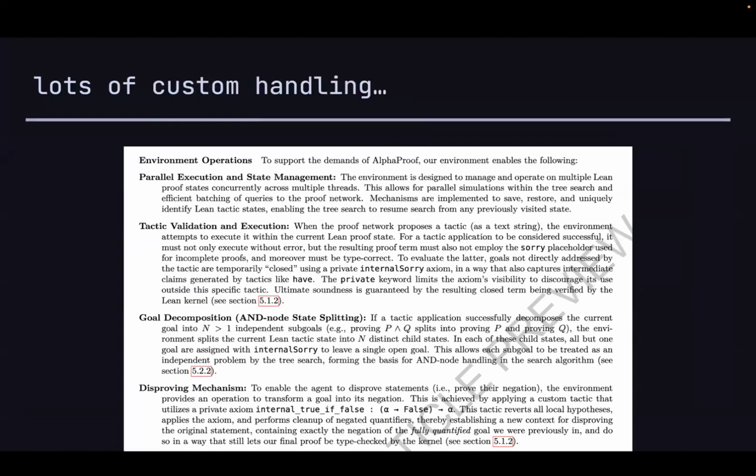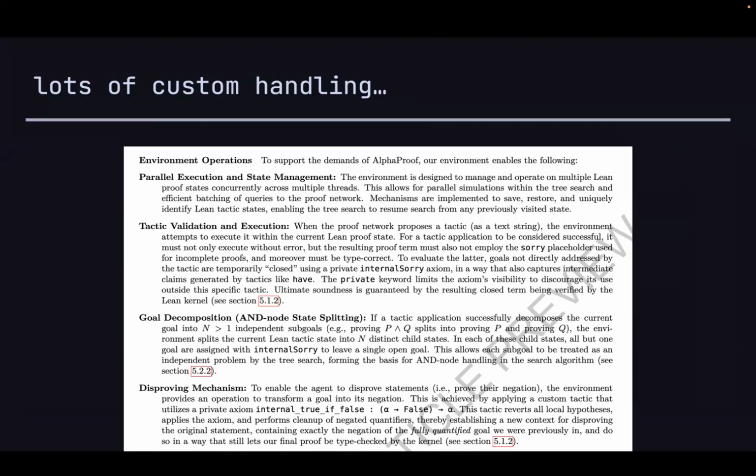You also needed a bunch of custom handling for scaling concerns. For example, Lean was not designed to be an RL environment, same as Python, and so you would have to put wrappers around it, for example, for handling parallel execution and state management. DeepMind's actually much more careful about it than the average Lean for RL user, because they not only handle the whole proof compilation, they also handle individual proof states.